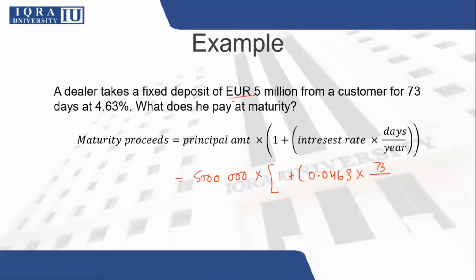Since this is EUR, it's going to be 360. So you get 5046943.06. These are the maturity proceeds. If you're going to buy this fixed deposit, you are going to place 5 million, and when this fixed deposit matures, you will get this amount in return.